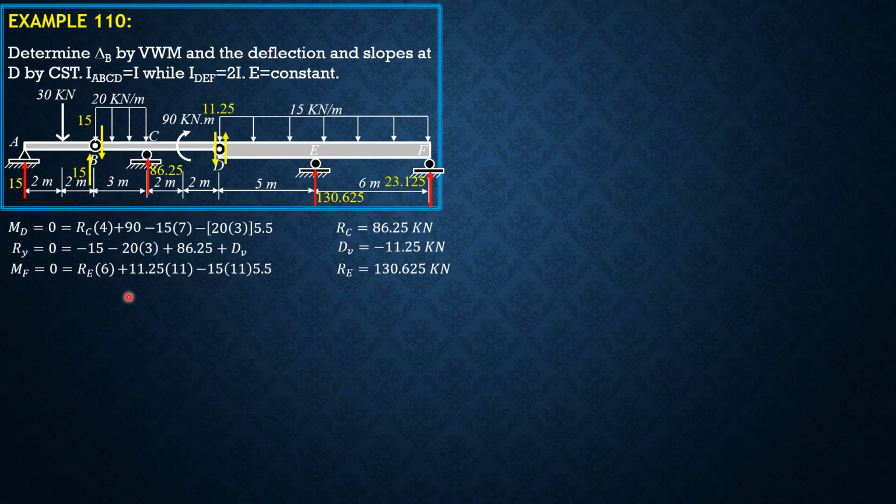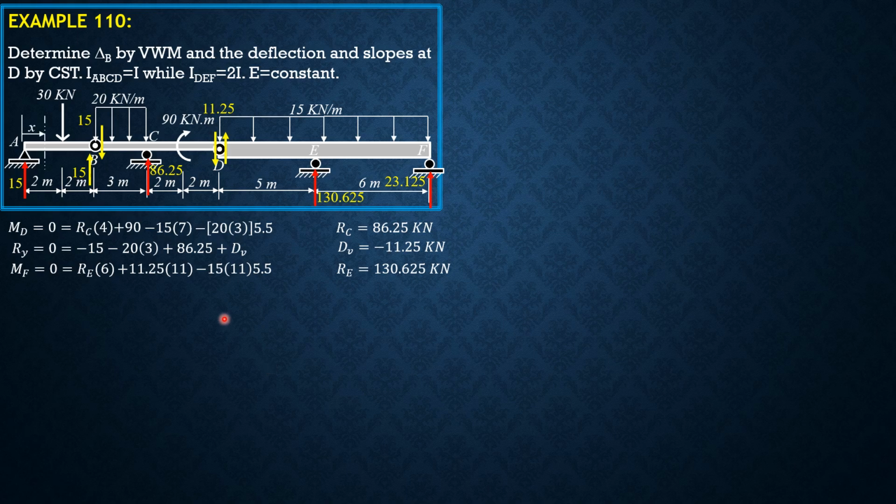Then RF is 23.125. So you just solve for RF by summing up moments about E or summation forces Y. I will leave that to you to solve. That's a basic way of computing the reactions.